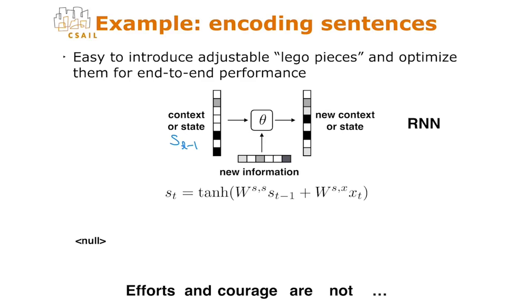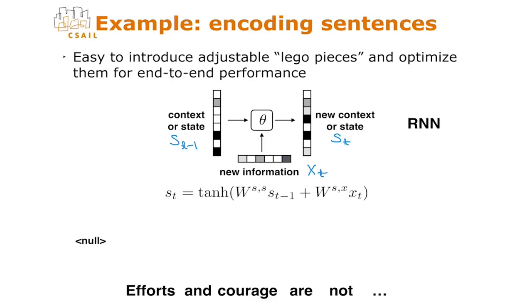The word has a vector representation, let's call that x_t. And what the box has to do now is to turn the previous state, the vector s_{t-1}, added to new information in the vector x_t, into a new summary that combines the two, which we call s_t.